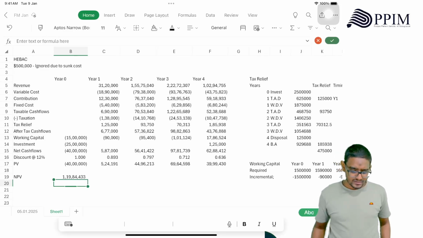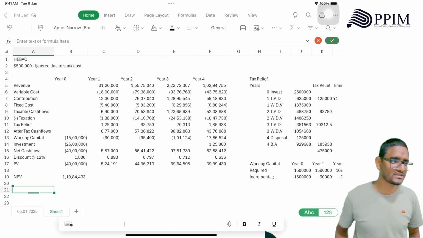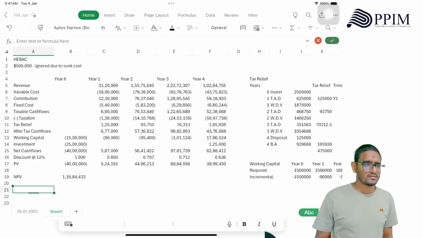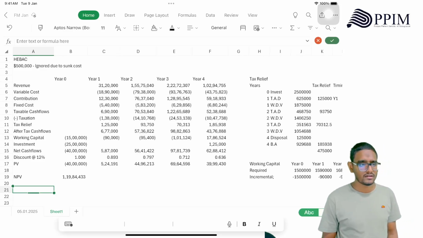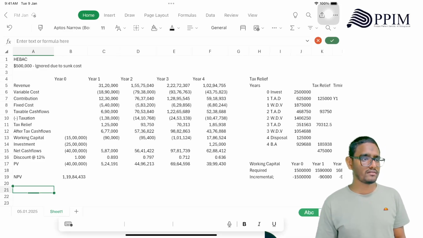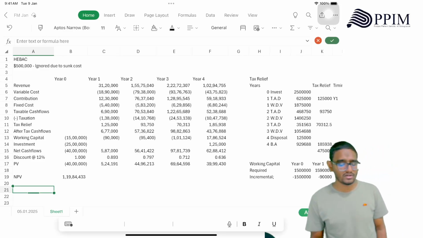So you have to always make sure you comment. Students generally keep the NPV like this and they feel that they're done. You can't. You have to always say that the NPV is positive or negative. Therefore, the project is financially feasible or not, right?